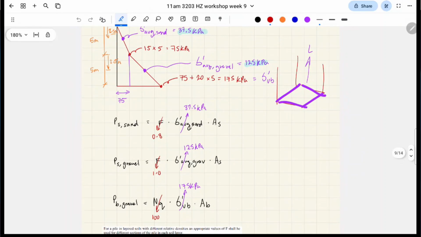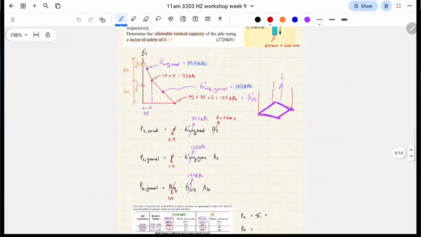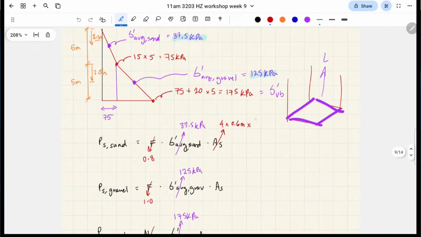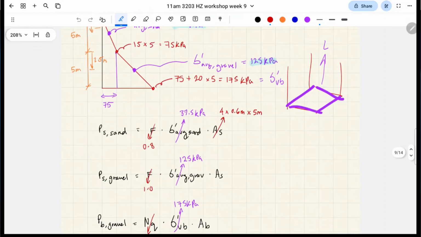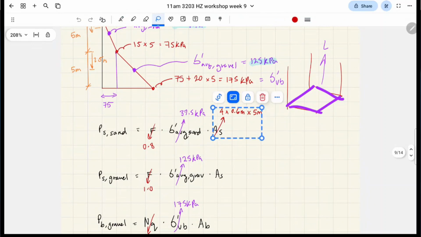The perimeter is 4 lots of the side length, and we should do everything in meters here. So it's 4 lots of 0.6 meters multiplied by the length, which in sand was 5 meters. And the length in gravel also happens to be 5 meters.